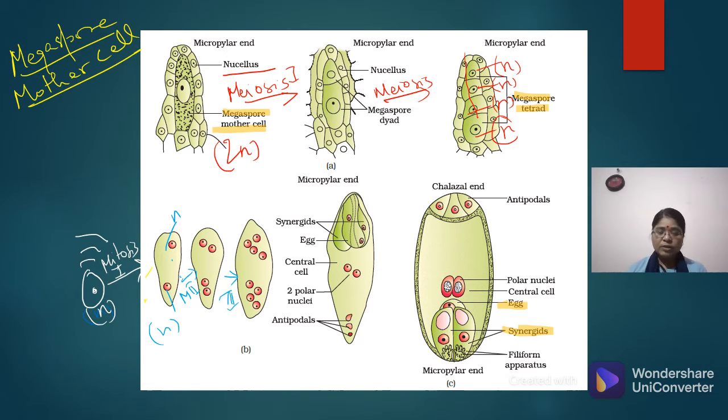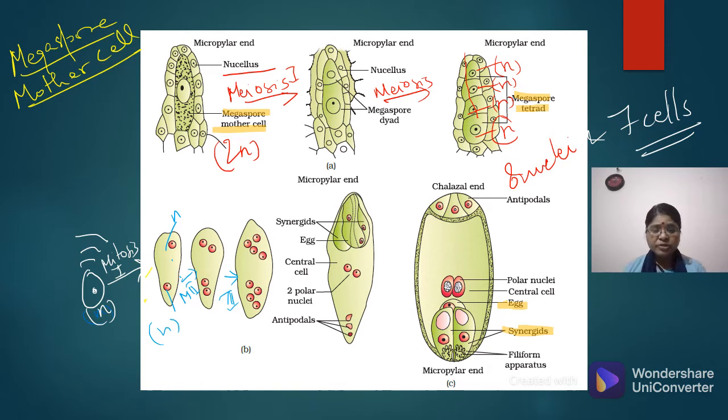It has 8 nuclei and 7 cells. This is the characteristic feature, remember, of the embryo sac of an angiosperm. And we will see how pollination is going to happen.